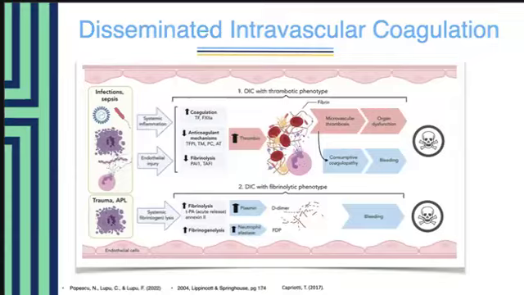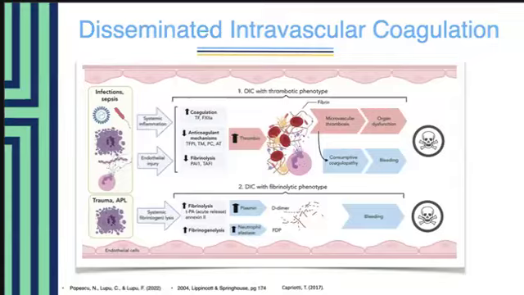Supportive care could be with blood products and transfusions. So we might see FFP, or fresh frozen plasma, to help replenish the clotting factors. Platelet transfusions for thrombocytopenia and/or packed red blood cells to support hemostasis and active bleeding. Additionally, in some cases, low-dose heparin may be administered to modulate the coagulation cascade and prevent further thrombosis.